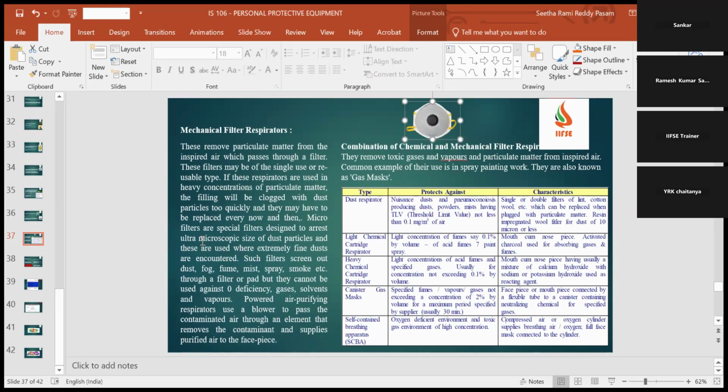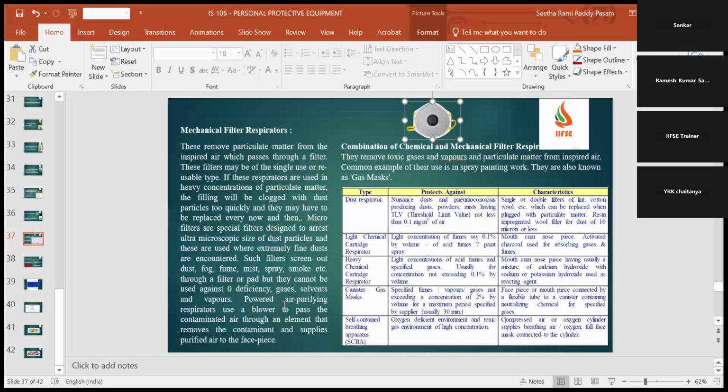Some filters can handle ultra microscopic sizes, meaning even minute particulate matter can be effectively filtered. Such filters screen out dust, fog, fume, mist, spray, smoke, etc. through a filter or pad, but they cannot be used against oxygen deficiency, gases, solvents or vapors, because these are only dust filters. You are not supposed to use them in chemical atmospheric conditions.